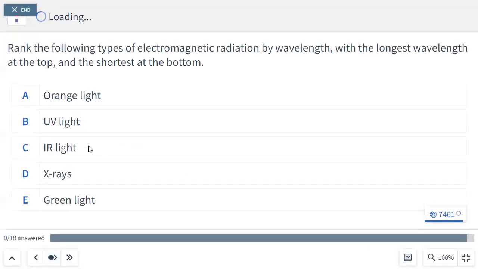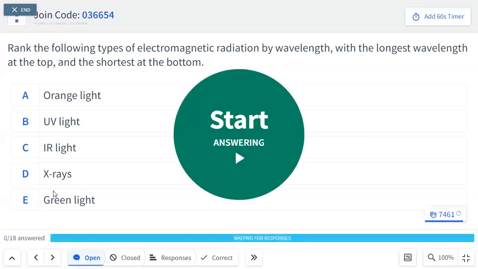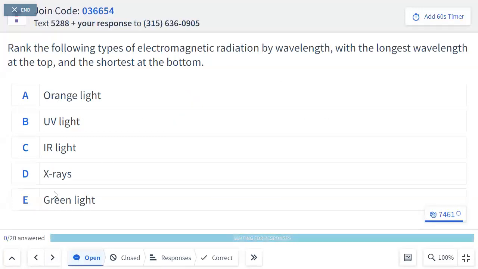So with that in mind, let's go ahead and rank these from longest wavelength at the top to shortest wavelength at the bottom.